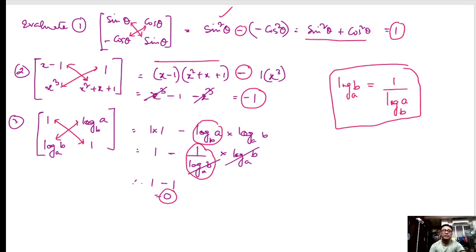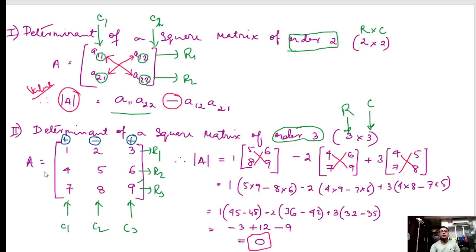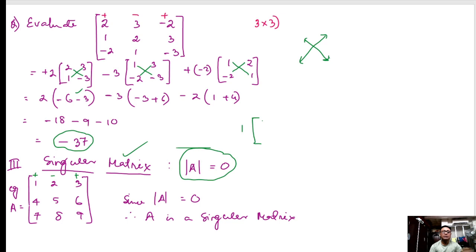Yes. So friends, as you can already see here, we have already taken this determinant and I have shown it to you. We got the result as 0. So the modulus of this matrix or determinant is coming 0. So if it is coming 0, we can call it A is a singular matrix.